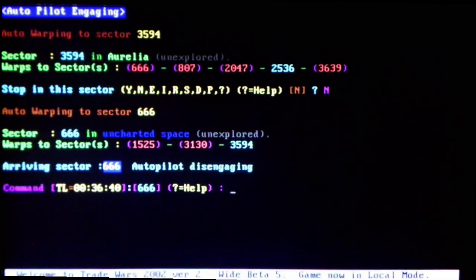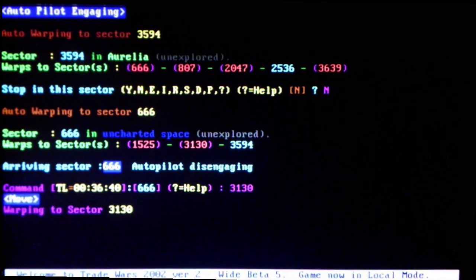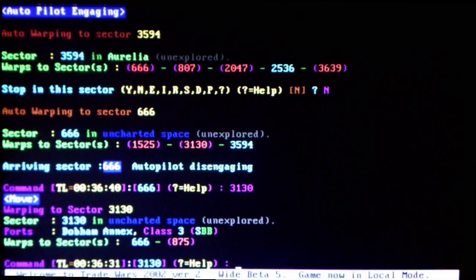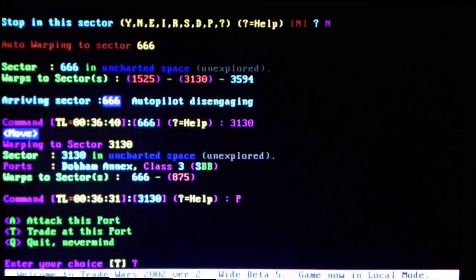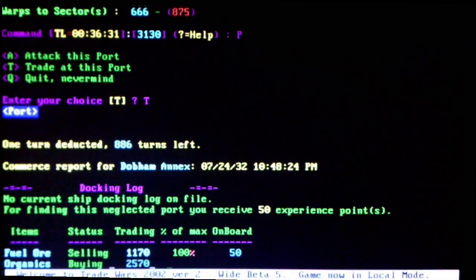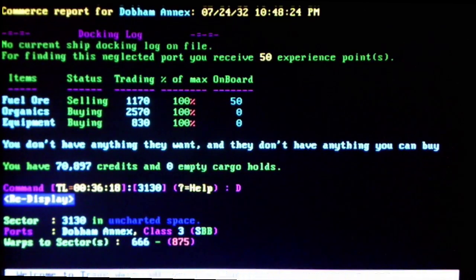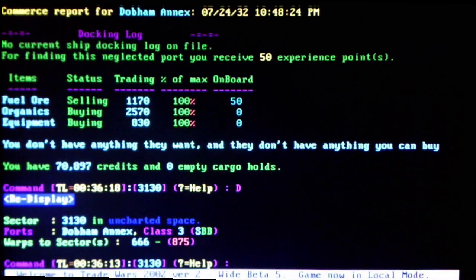We have arrived. Autopilot disengaged. And to port. We're not going to attack. And we're going to take a look around us, and we're going to go to 875.